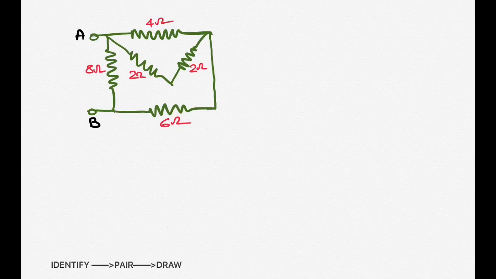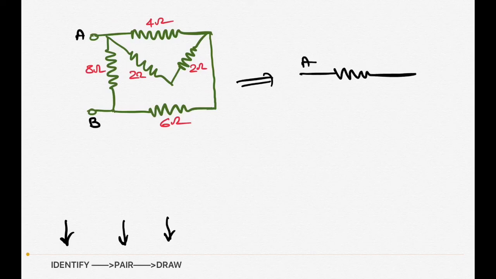So I will leave this diagram to you to solve by using this 3-step process: identifying the junctions, then pairing of those junctions, and finally drawing the direct path in between junctions of each pair. Just follow the process and see if you can get the same result, a resultant resistance in between A and B of 4 ohms.